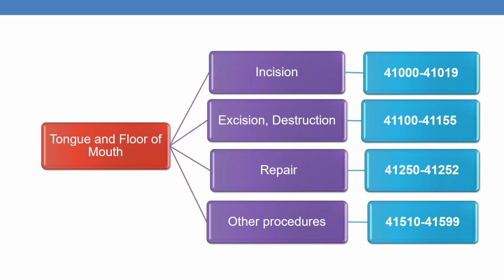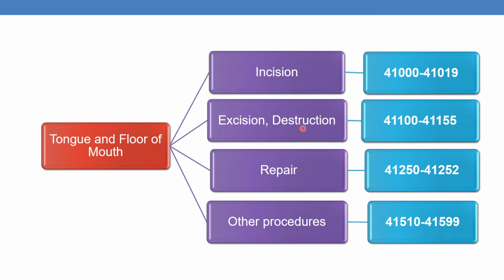Next, coming to the next topic in the digestive system, that is tongue and floor of the mouth. The CPTs in the tongue and floor of the mouth are divided into incision, excision and destruction, repair and other procedures. The CPT range for incision of tongue and floor of the mouth is 41000 to 41019.